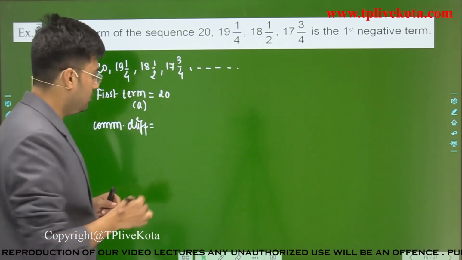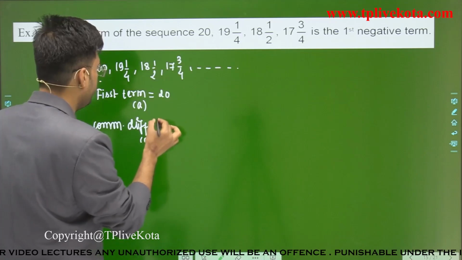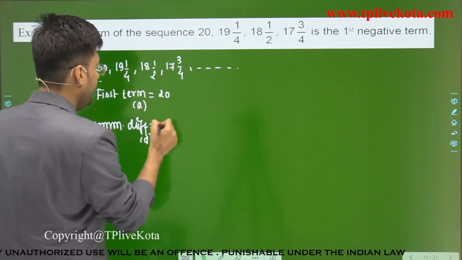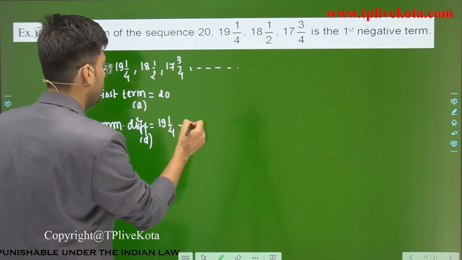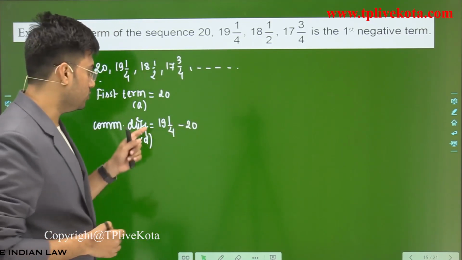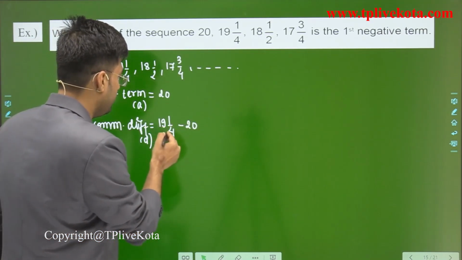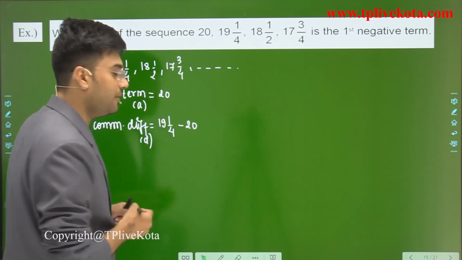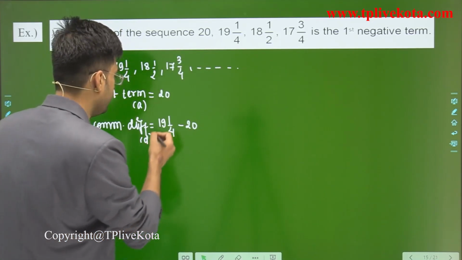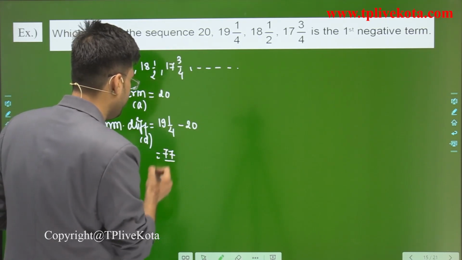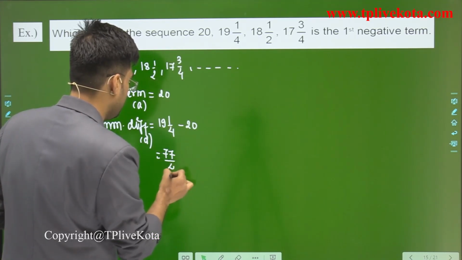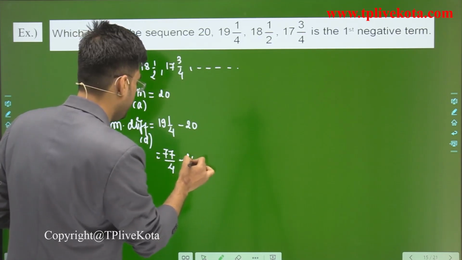Now let's find the common difference. Common difference d is equal to 19 1 by 4 minus 20. And to solve this, we have to multiply. First of all, 19 multiplied by 4 is 76, plus 1, 77. 77 divided by 4 minus 20.